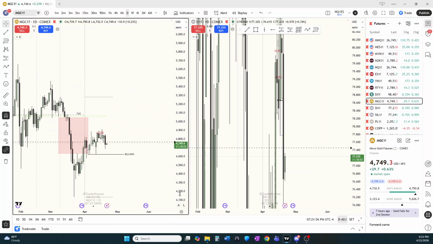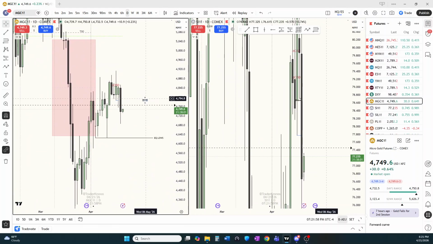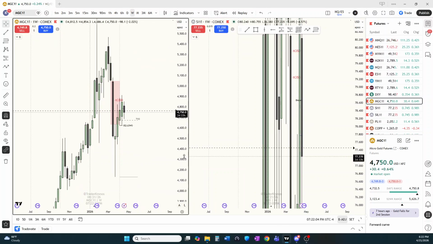So obviously here, if I look at the daily chart on gold, this big pink box here is the weekly gap. So that's where I've been watching price, and you'll see here we have the buy side of the curve coming back into IRL. So we came up, we've come back down, we've taken out ERL. What did we do? We retraced back to the gap. So here's your IRL.